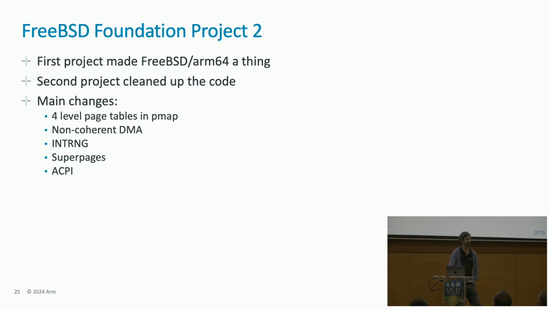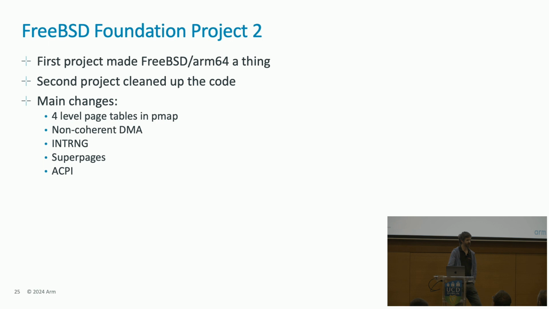Since when we started this, I wrote a simple IRQ handling framework. Since then, INTRNG moved into the tree and became sort of machine independent. ARM and MIPS, I think, were the first two. So we updated the drivers, and ARM64, to work with that.